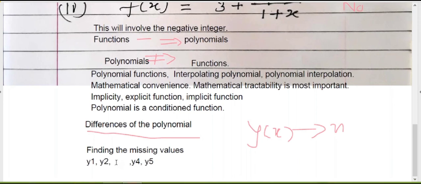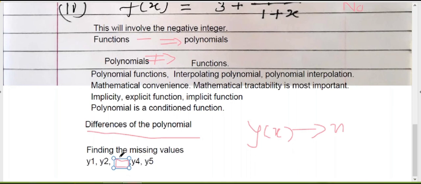Look, the value of y3 is not given. This place corresponds to y3. So corresponding to x1 we have y1, corresponding to x2 we have y2, x3 is given but y3 is not given, and y4 is already given, and y5 is already given. Then how can we find the missing value of y, I mean y3?